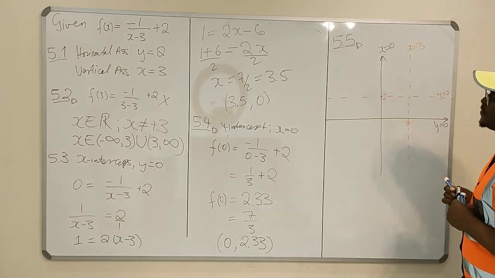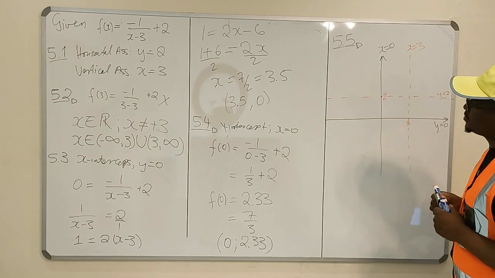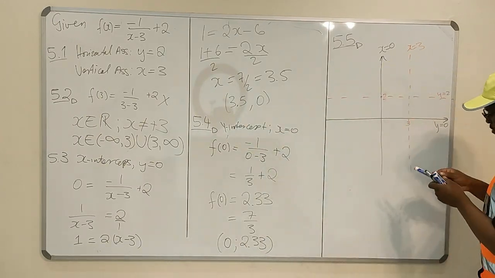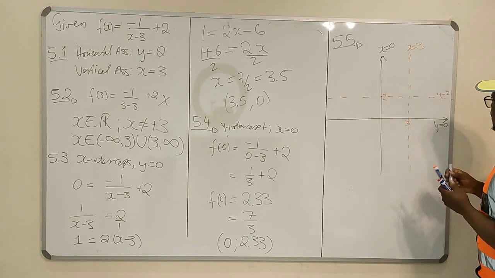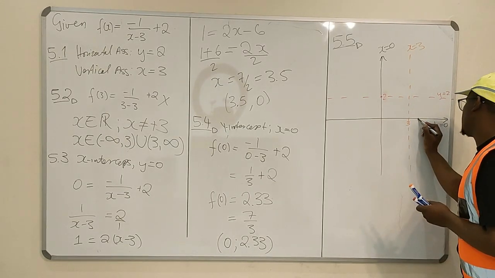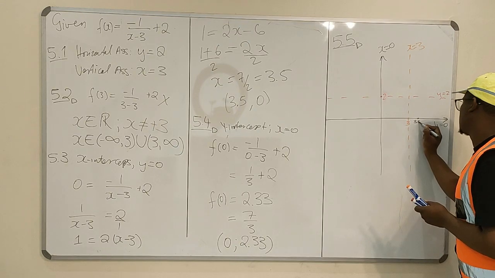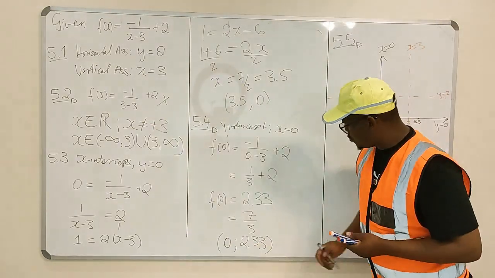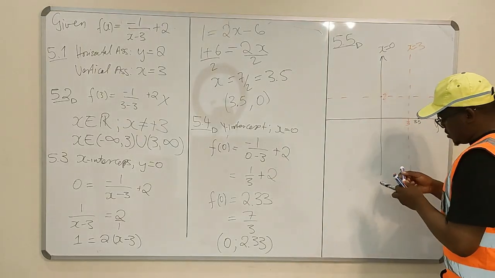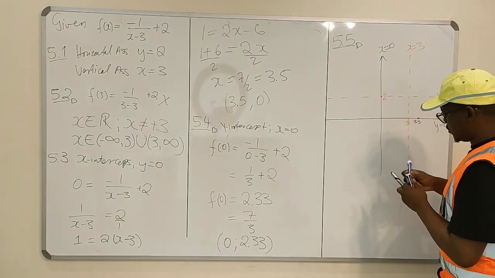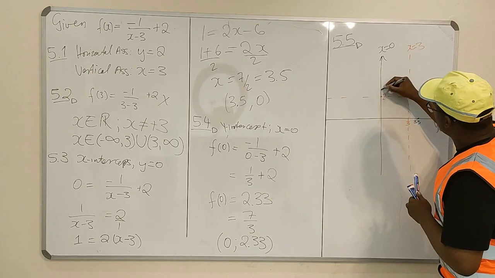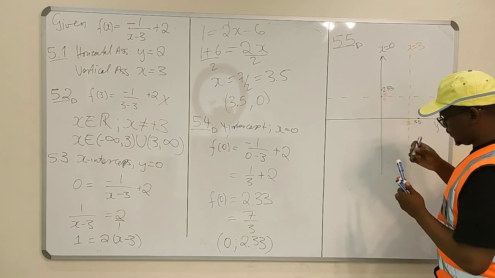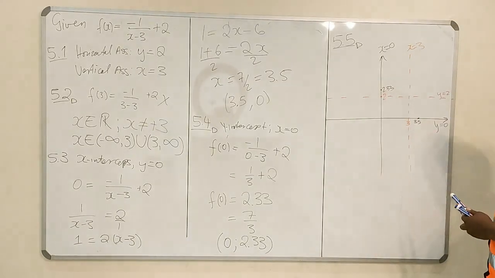This line here. And then we have our intercepts. One is at 3.5 and 0, which is somewhere here. So 3.5 is somewhere here. Here's our other point. And the other one is at 0 and 2.33. So I'll say somewhere here. So what do we do next?